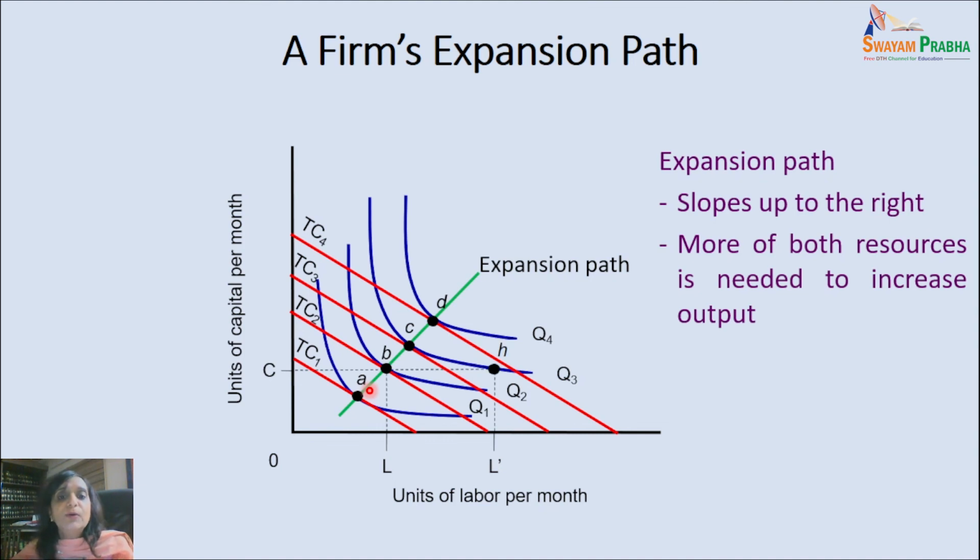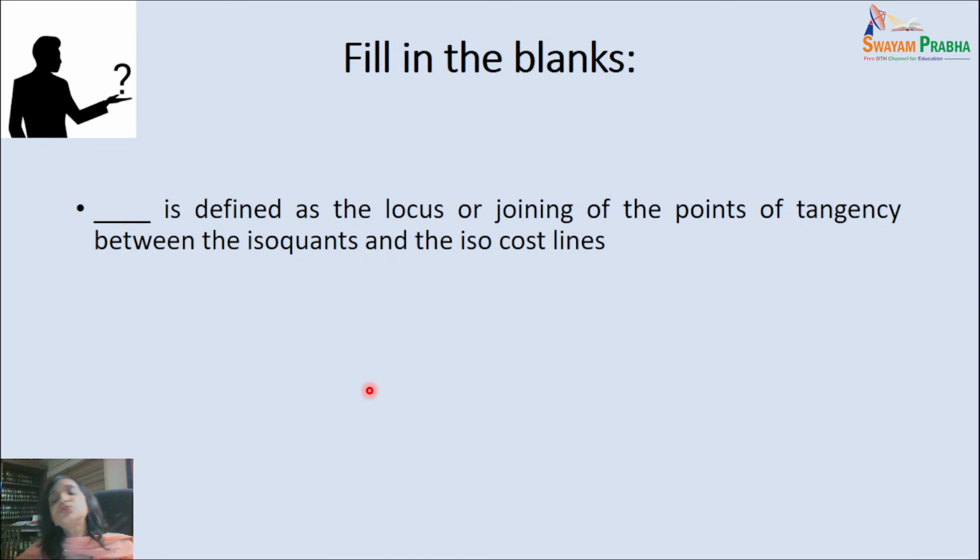Now let us do a small self-test, just a recall of whatever we have done. The first question to you, learners, is that dash is defined as the locus, or joining, of the points of tangency between the isoquant and the isocost lines. When you join the points of tangency between isoquants and isocost lines, what is that called?